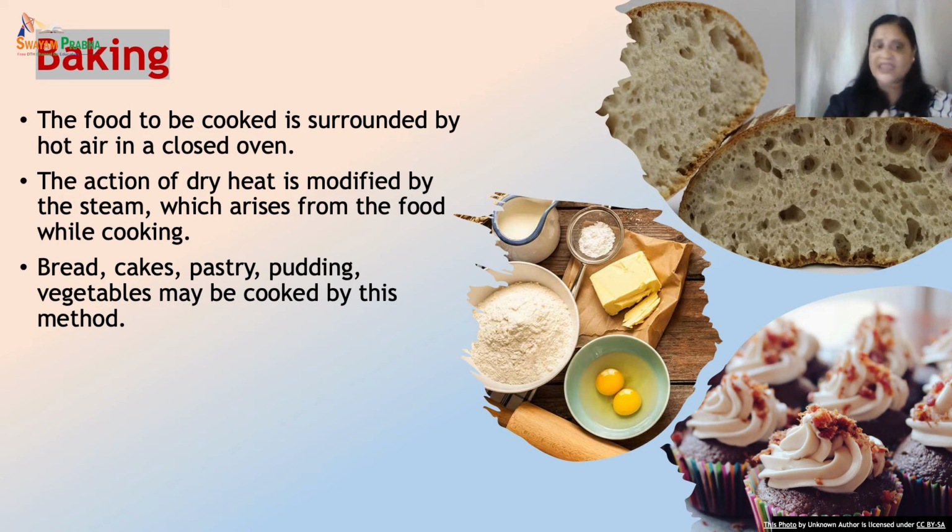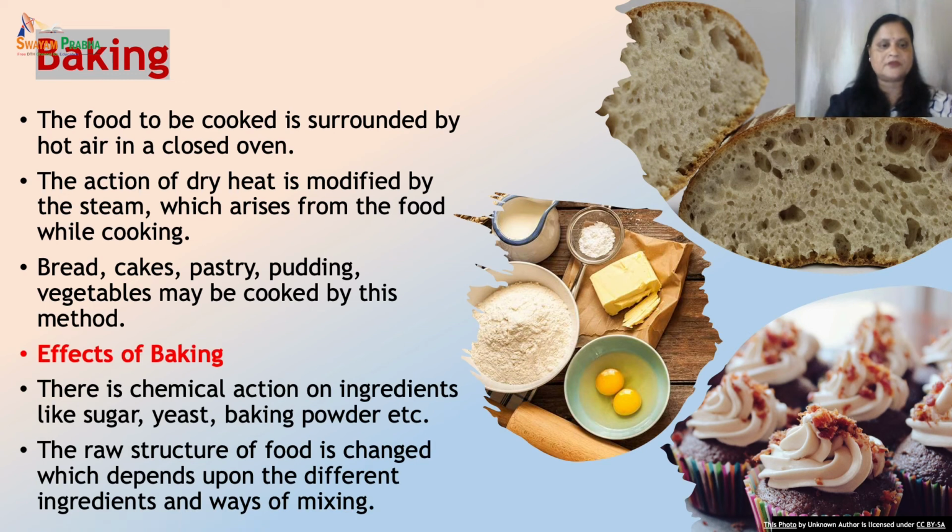Bread, cakes, pastry, pudding, vegetables may be cooked by this method. Effect of baking: there is a chemical action on ingredients like sugar, yeast, baking powder. The raw structure of food is changed, which depends upon different ingredients and way of mixing.